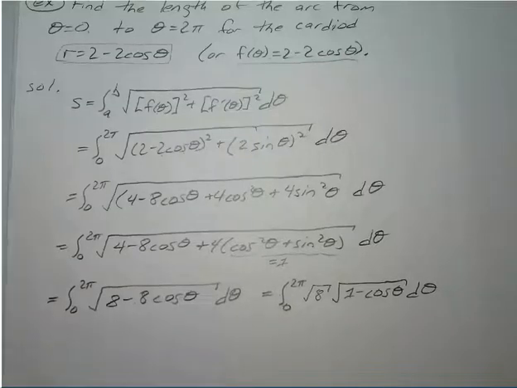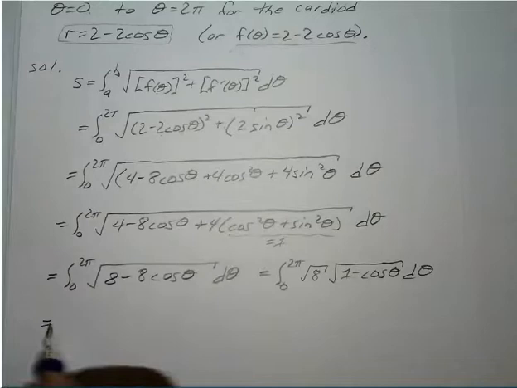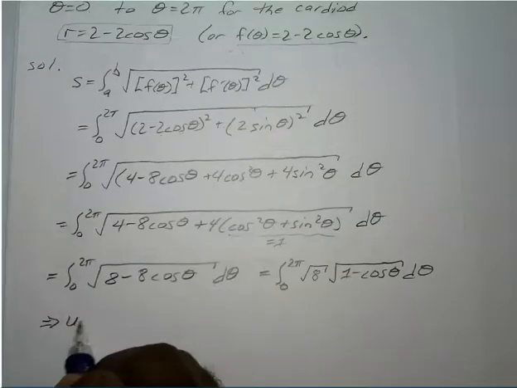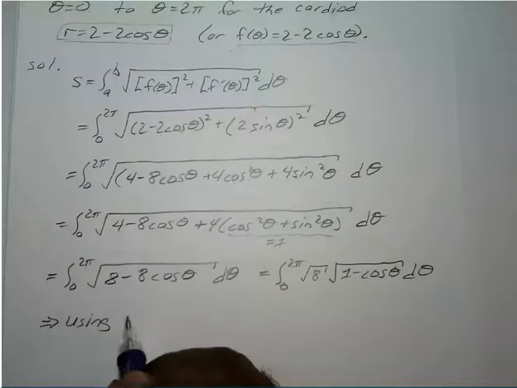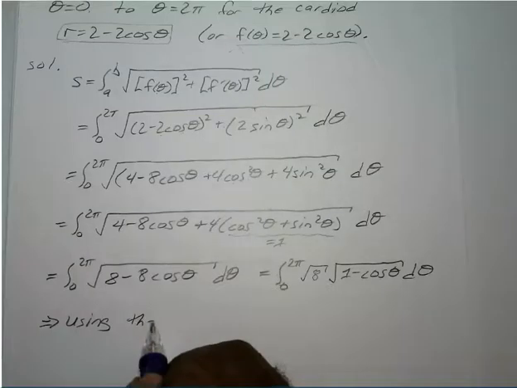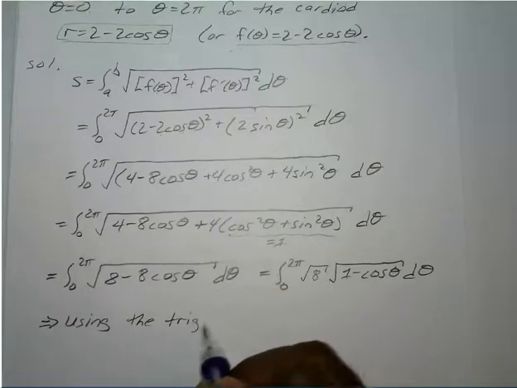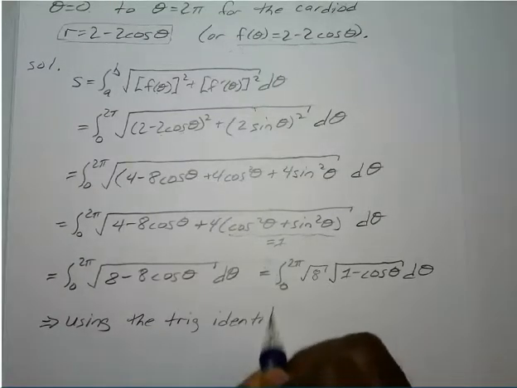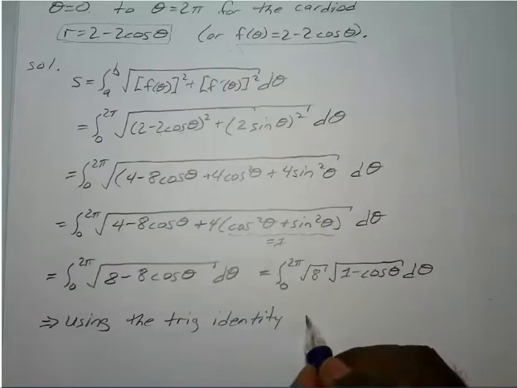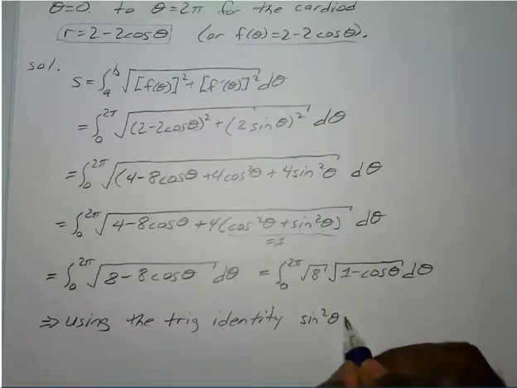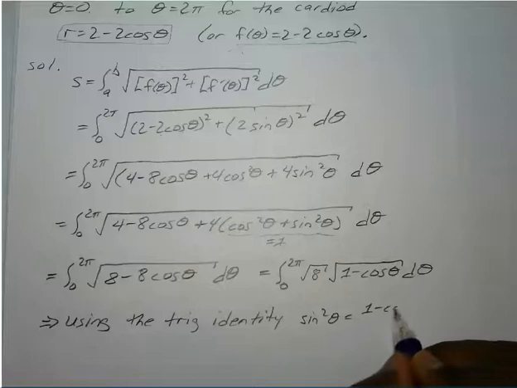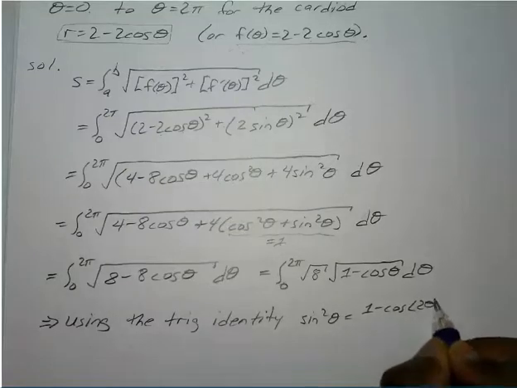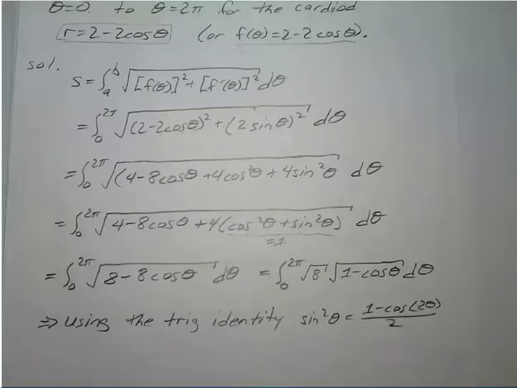Alright, so using our trig identities, so if we use the trig identity, sine squared theta equals 1 minus cosine 2 theta all over 2.